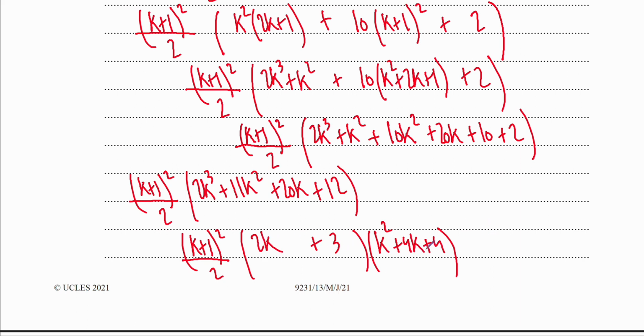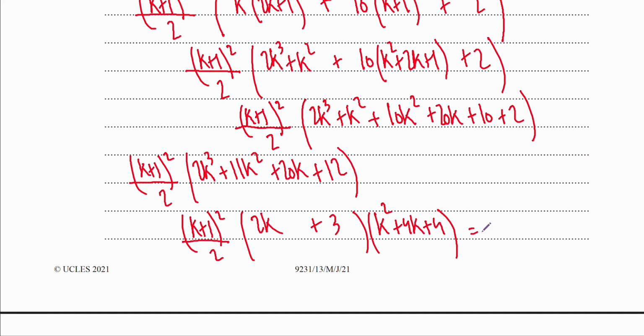And this can actually be factorized again. So now I have k plus 1 squared over 2, and now I have 2k plus 1, so this becomes 2k plus 2 plus 1, right? And now here I have k plus 2 squared, because k squared plus 4k plus 4 is k plus 2 squared.